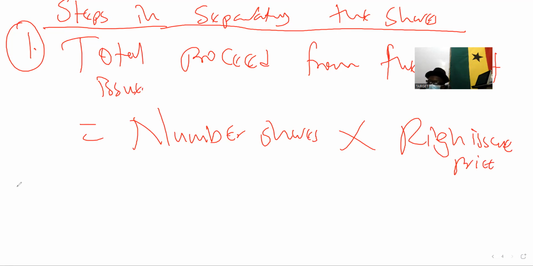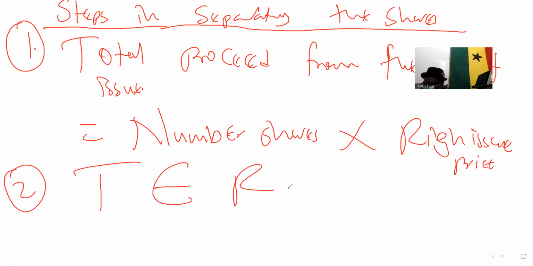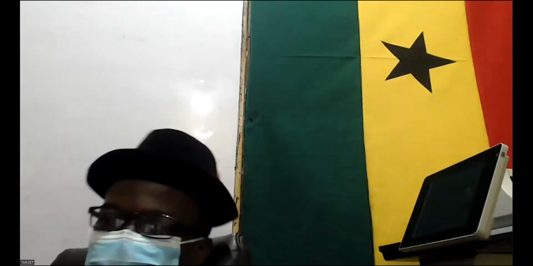Nothing else, nothing more. Step two, calculate the almighty TEP, the theoretical ex-right price.